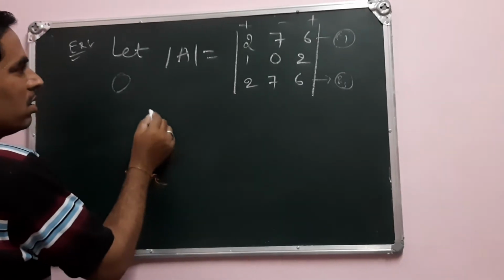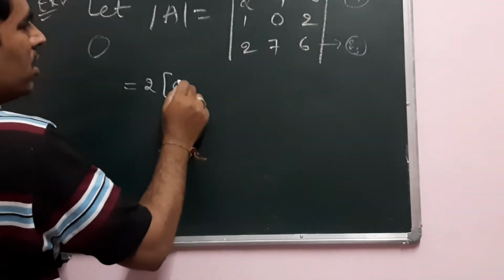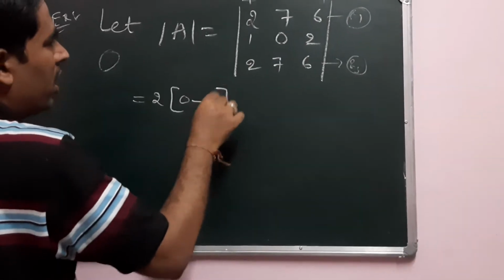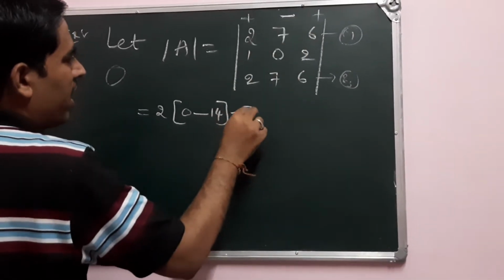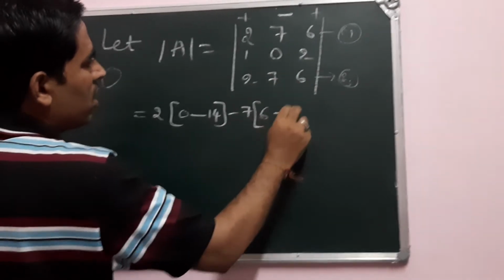So let us expand this. Plus 2 into, leaving this column and this row, 6 into 0 is 0, minus 2 into 7, 14. Then minus 7 into, leaving this, 1 into 6, 6, minus 2 twos are 4.